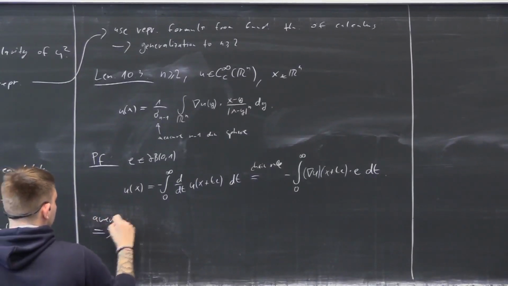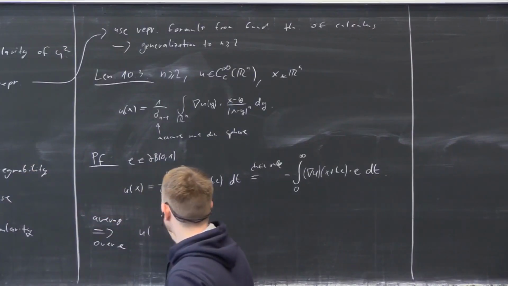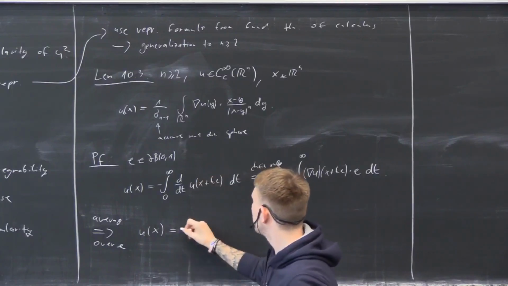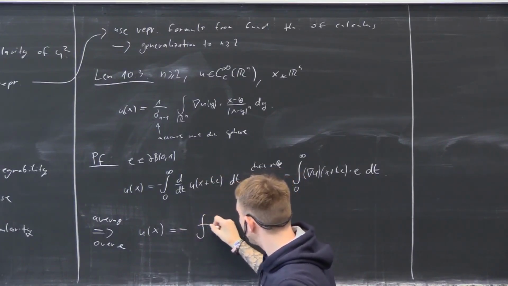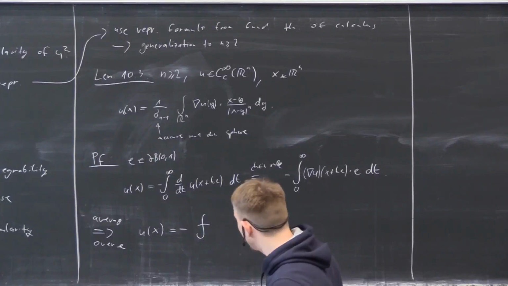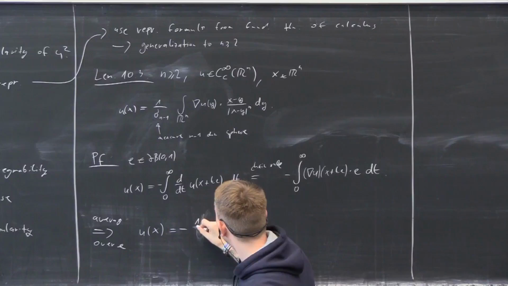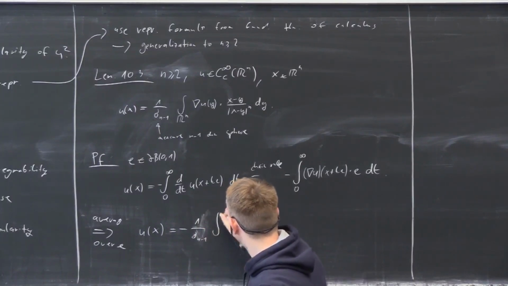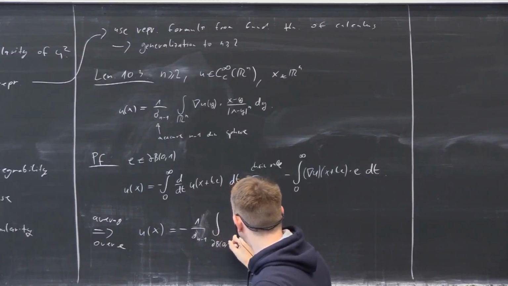Average over e gives me on the left-hand side still u of x. On the right-hand side, I get an average integral, so let's write it directly in this way. I get 1 over sigma n minus 1 times an integral over the sphere.